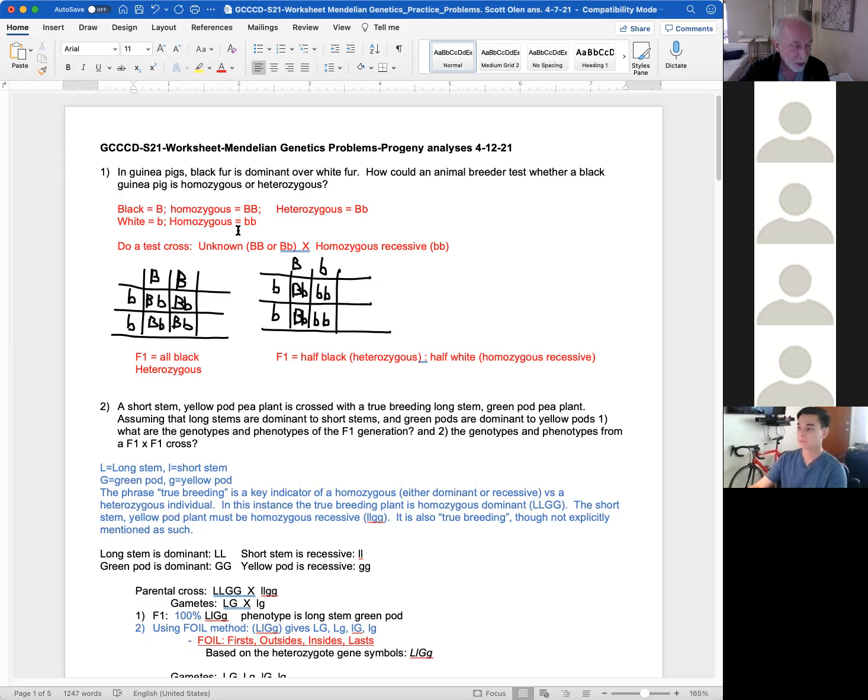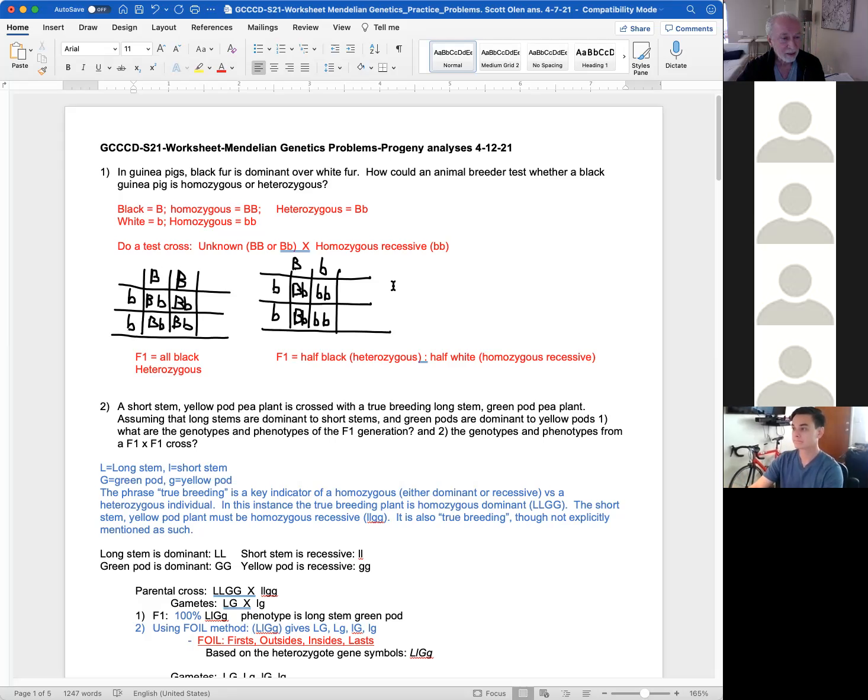So we have two possibilities, and I've drawn two crude Punnett squares here, where we have the recessive little b on the left. If the unknown is homozygous dominant, it's big B, and all of the progeny would be black. They're all heterozygotes.